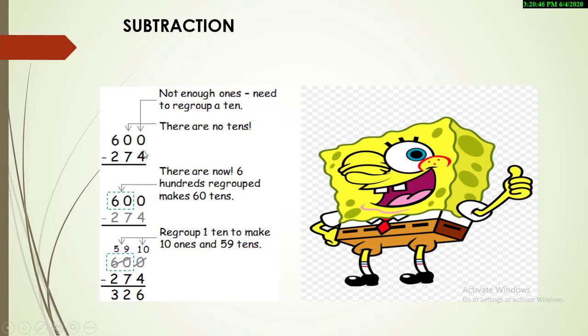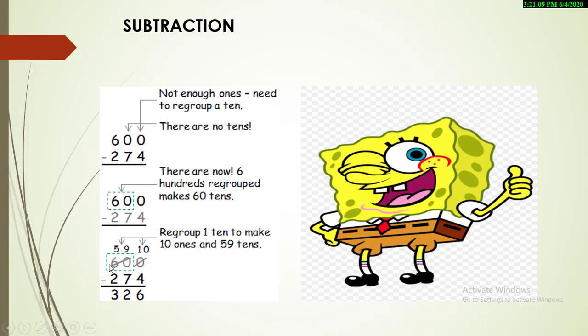Look at my pointer. It's pointing out that you can't subtract 0 out of 4 and you can't subtract 0 out of 7. So you are going to take help from 6. You are going to the door of 6 and the 6 is going to help you out.